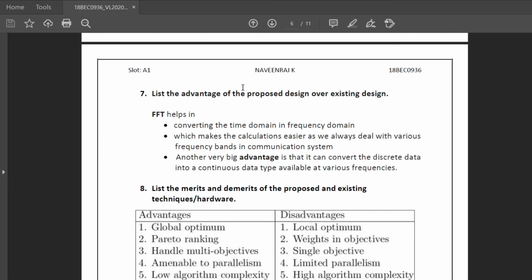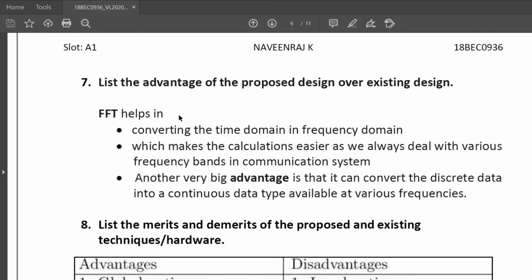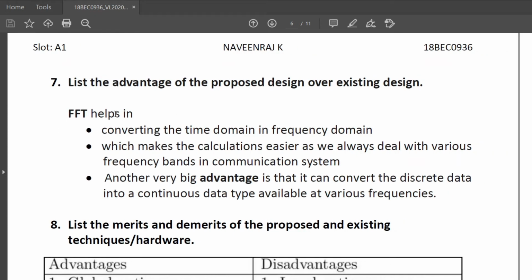Now let's go to the seventh question, which is the advantage. We already know the fast Fourier transform helps us convert between the time domain and frequency domain. The biggest advantage is that it can convert the discrete data into a continuous data type available at various frequencies. So it doesn't mean that the frequency should be fixed at a particular level or range.